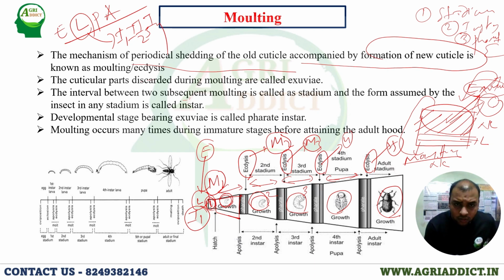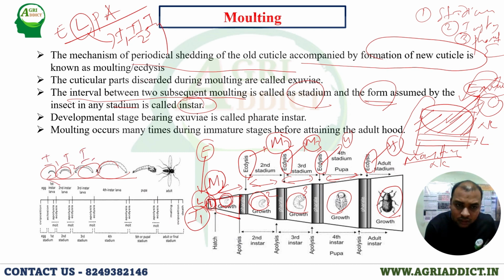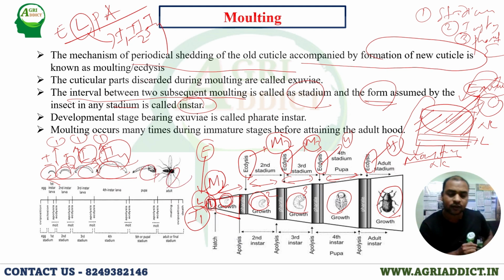The interval between two subsequent molts is called the stadium, and the form assumed in the stadium is called the instar. These four are all larval stages, but they are instar 1 to instar 4 because one molting occurs between each instar. The pupa and the adult follow.